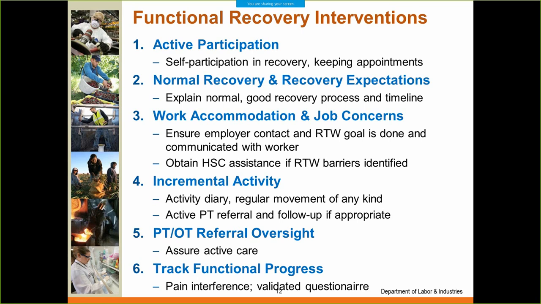This is all part of the attending provider's task and follow-up visits with these workers, doubling down on work accommodation and job concerns, dialing in whether it's coming from the worker, poor communication, or the employer not having the wherewithal or the resources or the ability to accommodate them, and coming up with plans A, B, C to address that, and you guys already know a lot about that.